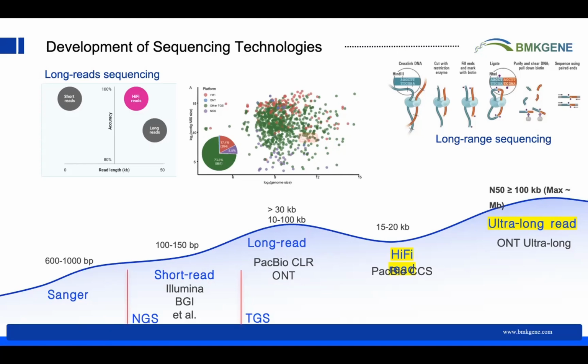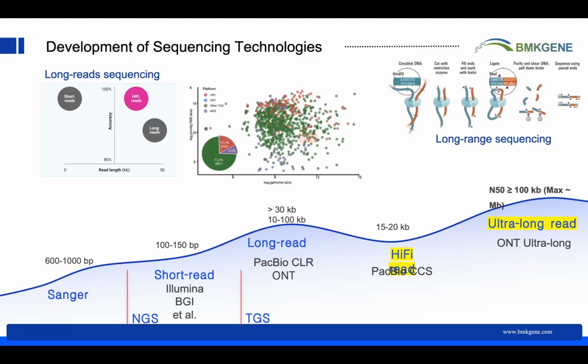They generate short reads, about 100 to 150 base pairs each. It's also very high accuracy, but the read length is very short, and for higher quality genome assembly we need some better sequencing methods.